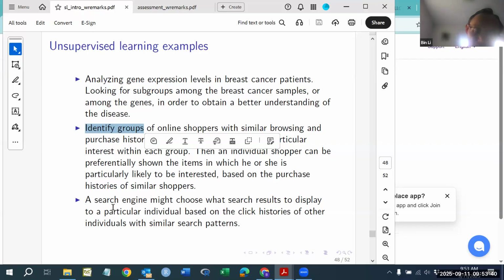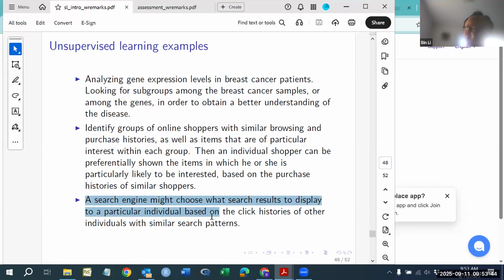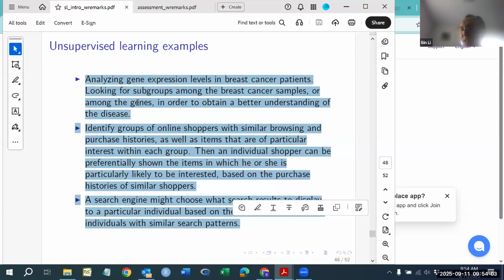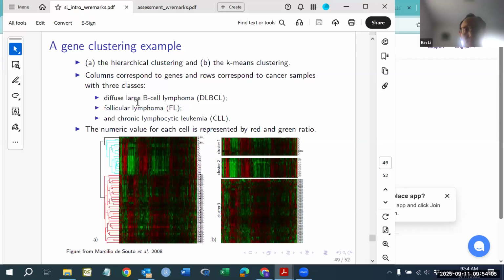That's also commonly used. And the third one is a search engine that might choose what search result to display to a particular individual based on the click histories of others with similar search patterns. So those are three examples of unsupervised learning.